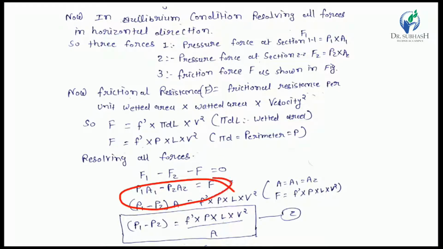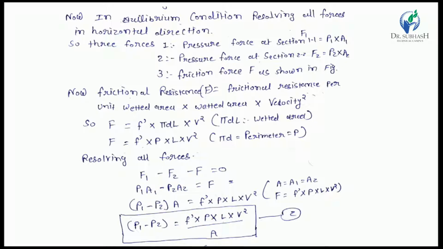So putting the values in this equation: P1A1 minus P2A2 equal to the friction force, F dash P L V square. Now the cross-sectional area of the pipe is constant throughout the pipe, as we have considered, so A1 equals A2 equals A.